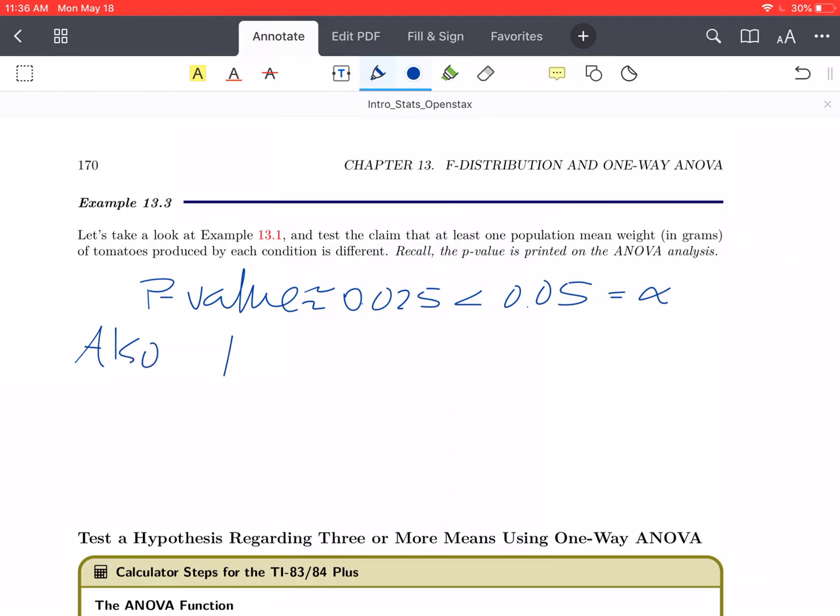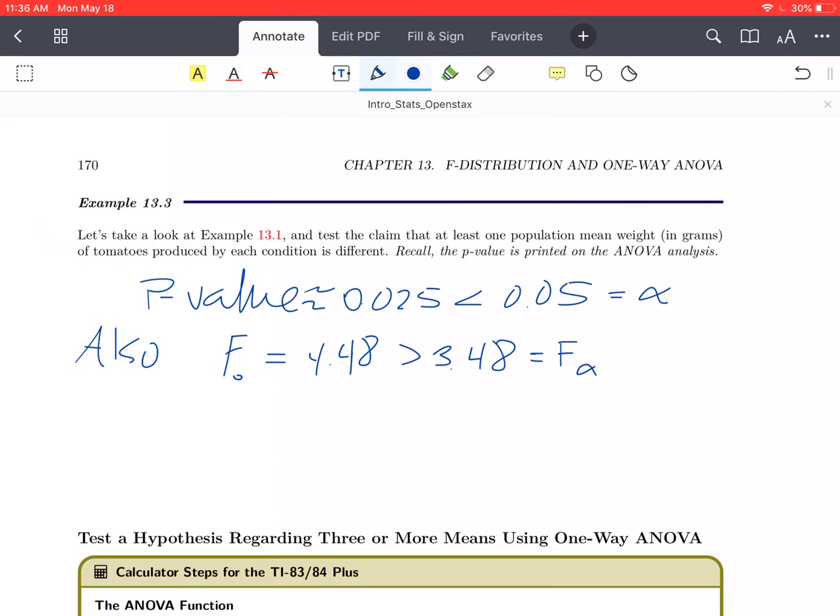Also, we can make a note that the test statistic was 4.48, which was greater than 3.48, which is F sub alpha.